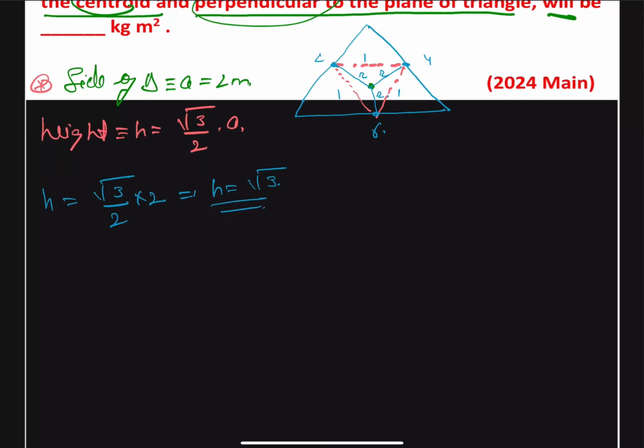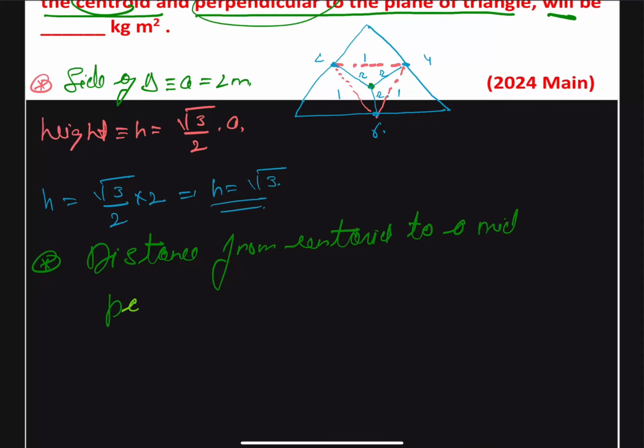So we can say that distance from centroid to the midpoint of a side, in this case that is our r, will be equal to h by 3.